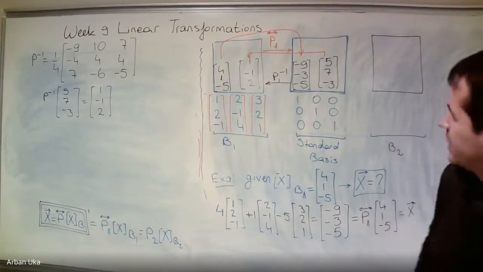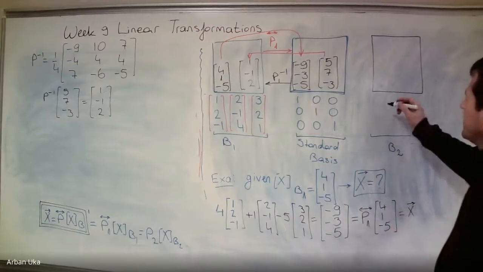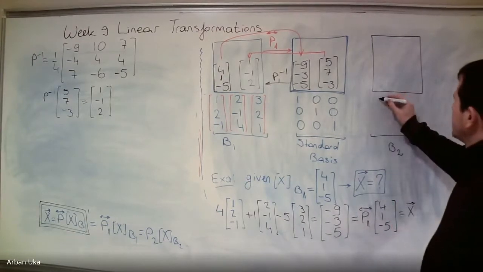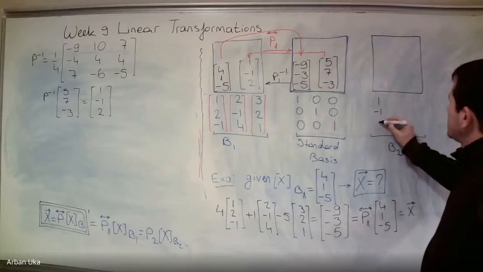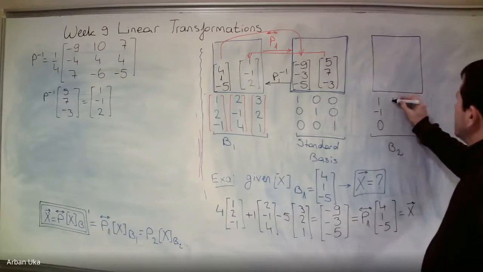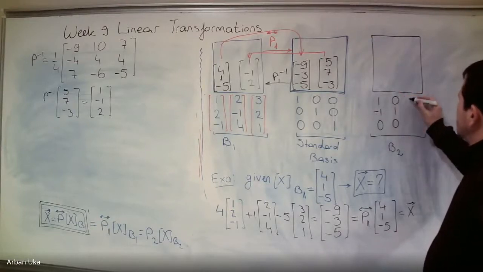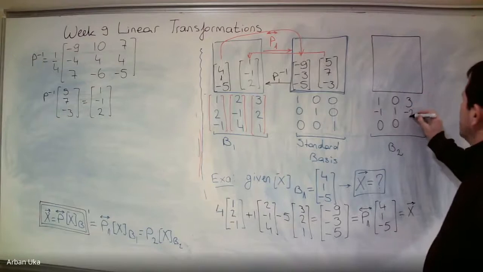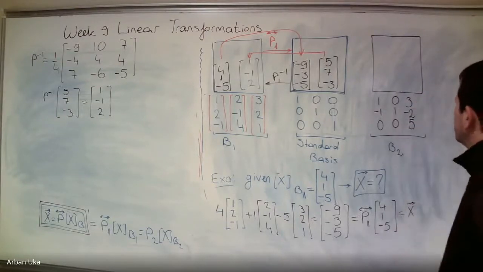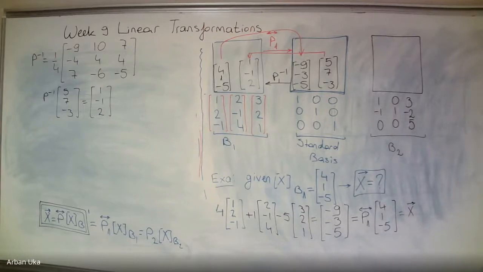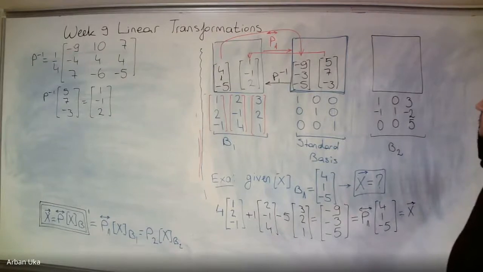So what we can do is the following, in fact. We can come up with another basis, B2: (1, -1, 0), (0, 1, 0), (3, -2, 5). This is another basis, B2, and if we want to determine, let's think for a moment.